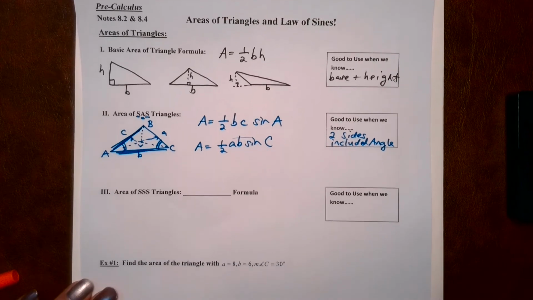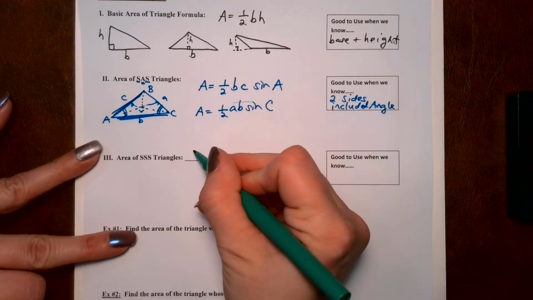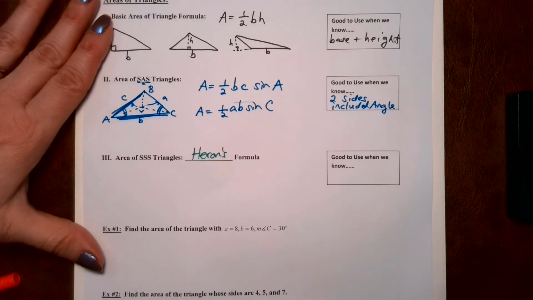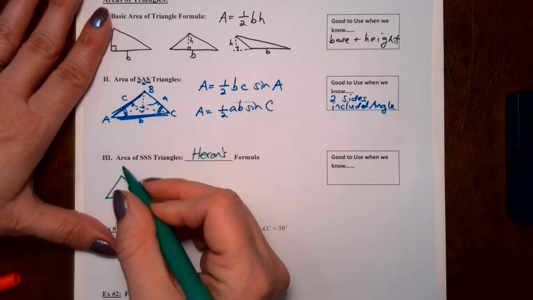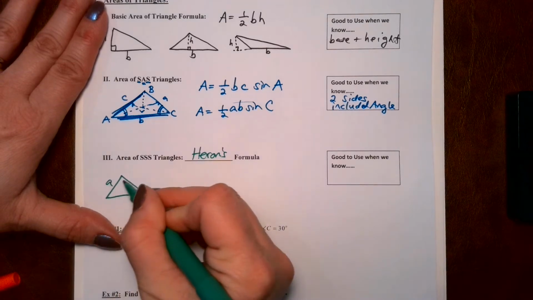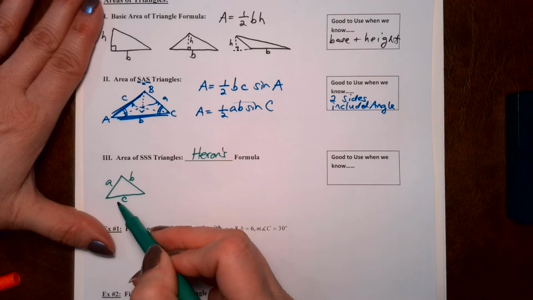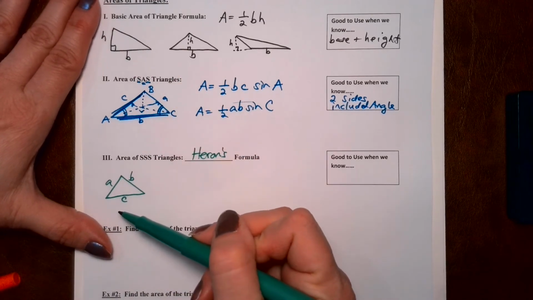Okay, there's one more formula for the area of a triangle, and this is Heron's formula. Heron's formula is for when you have a triangle and let's say we know all three sides: side A, side B, side C. We don't know any angles. We can't use the previous formula, and we don't know if any of them are perpendicular.